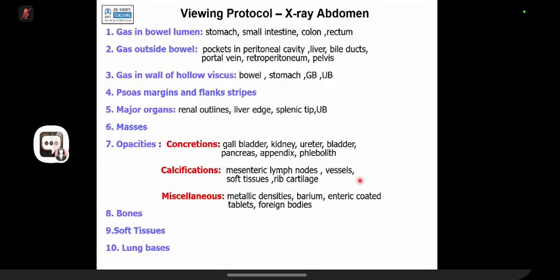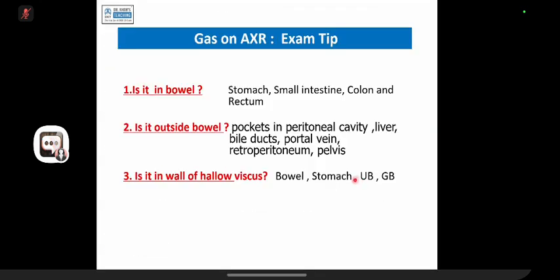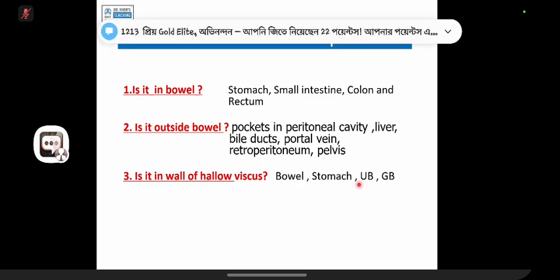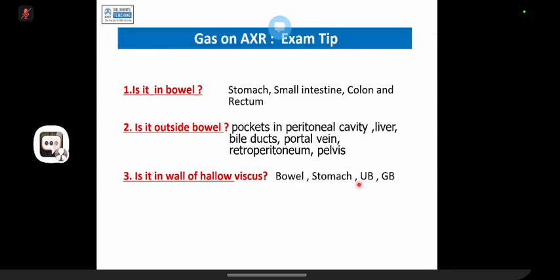So now, an exam tip. This is for radiologists, right? But don't overload yourself with this exam tip. As a radiologist, I teach my students that when you see gas in an abdominal X-ray, you have to first of all consider where it is.